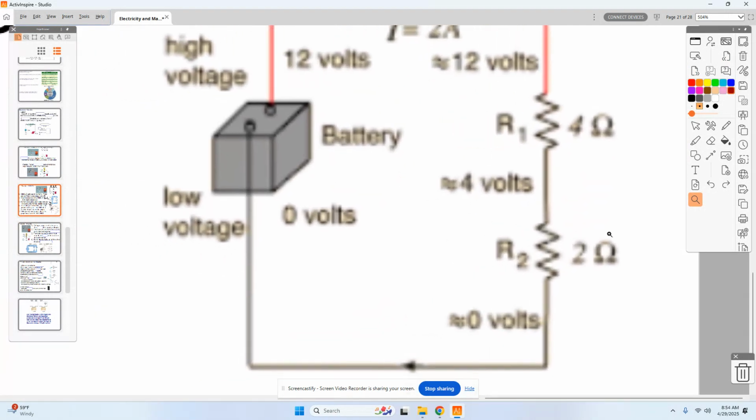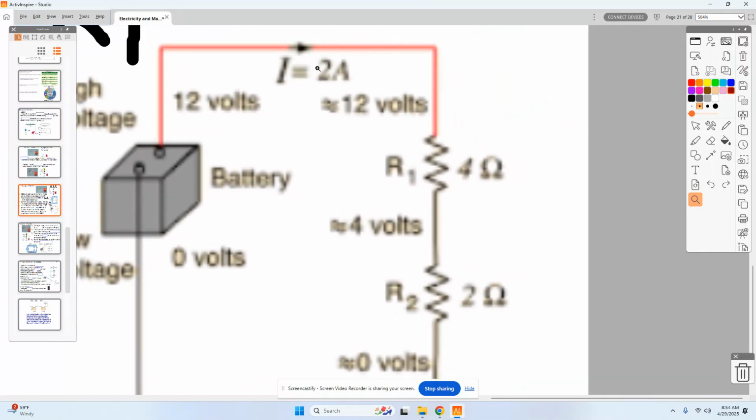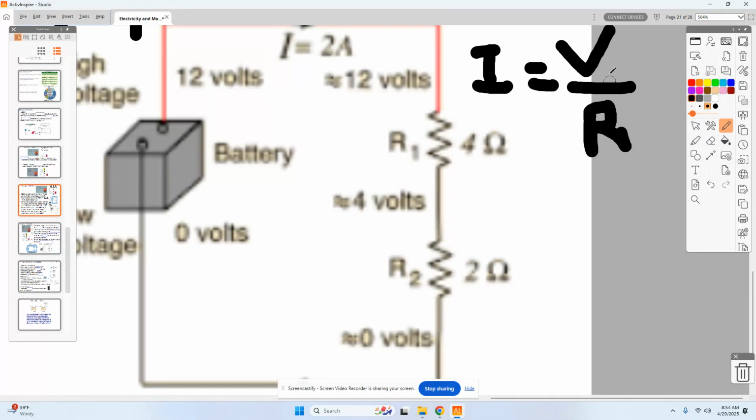Sometimes you would see a series circuit with a 12-volt car battery, in series with a 4-ohm device, and then in series with a 2-ohm device. Let's do a quick calculation here. I is equal to V over R, that would be V of the battery divided by the total resistance.